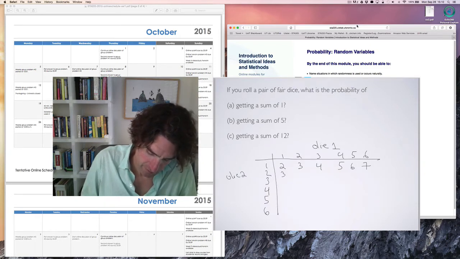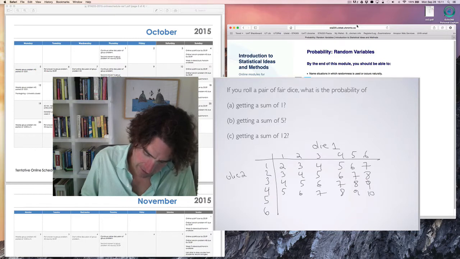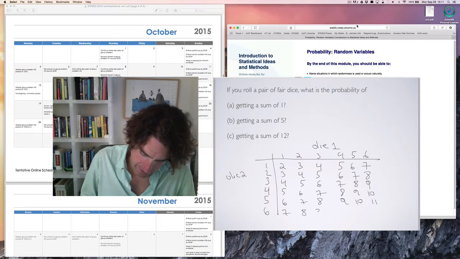So this possibility is 3, 4, 5, 6, 7, 8, and this is 4, 5, 6, 7, 8, 9, 5, 6, 7, 8, 9, 10, and this is 6, 7, 8, 9, 10, 11, and then this is 7, 8, 9, 10, 11, and finally 12. So these are all the possible sums of 2 dice.